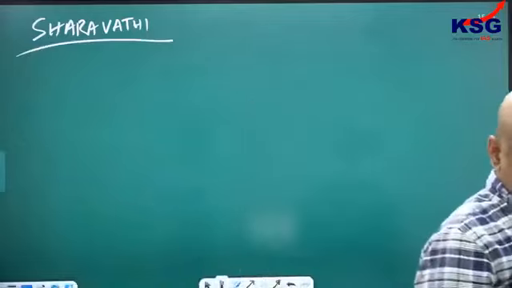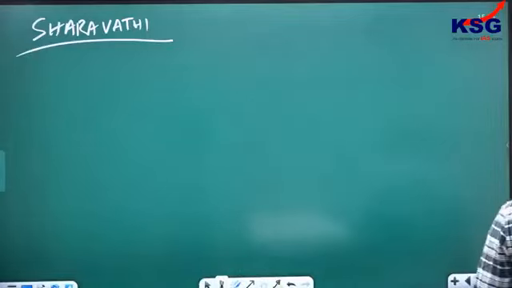River Saravati originated from Shimoga district of Karnataka.